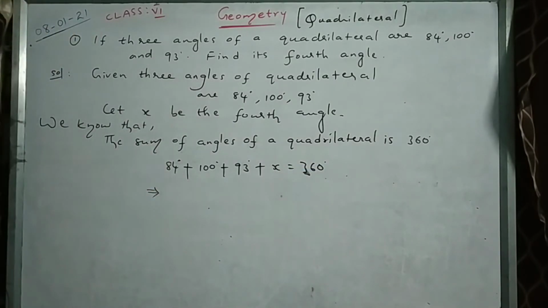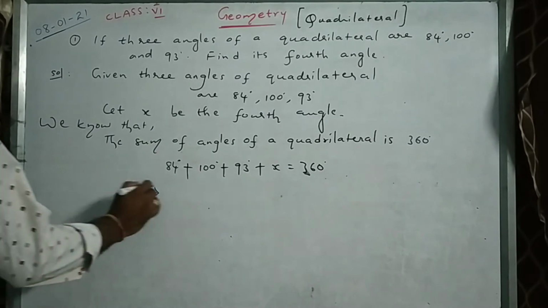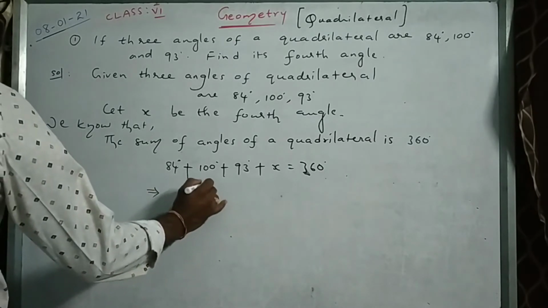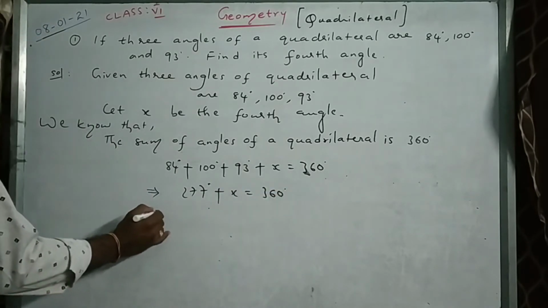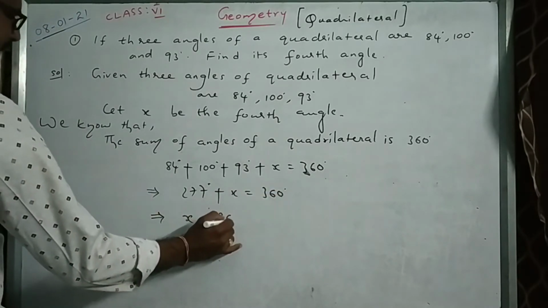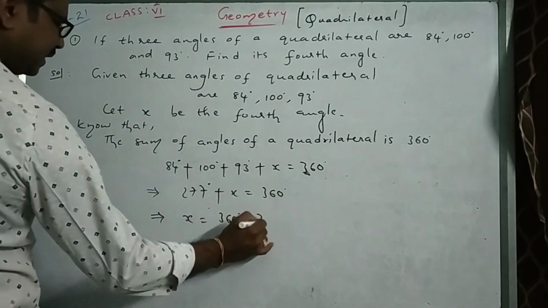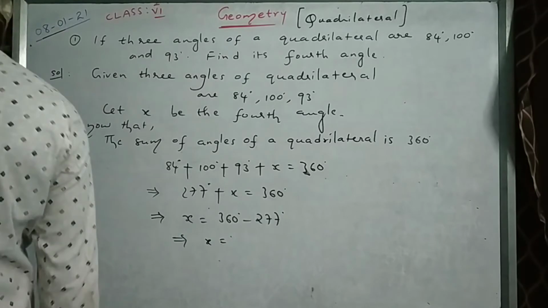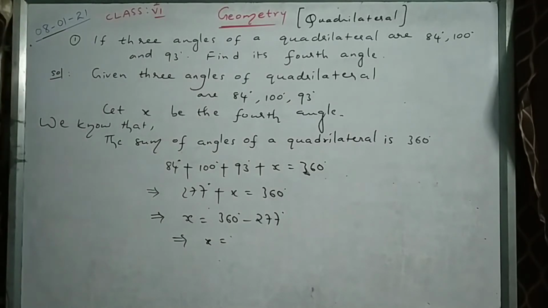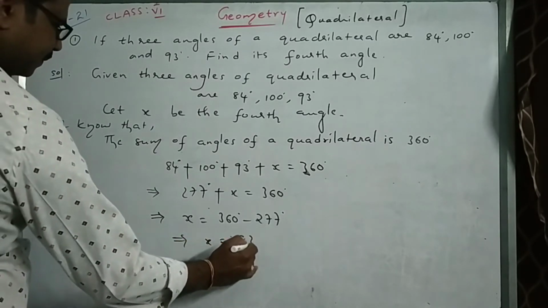If you add these 3, you will have 277. 277 plus x equal to 360 degrees. Now x equal to 360 minus 277, bringing that to the other side. So x equal to 360 minus 277 is 83 degrees.